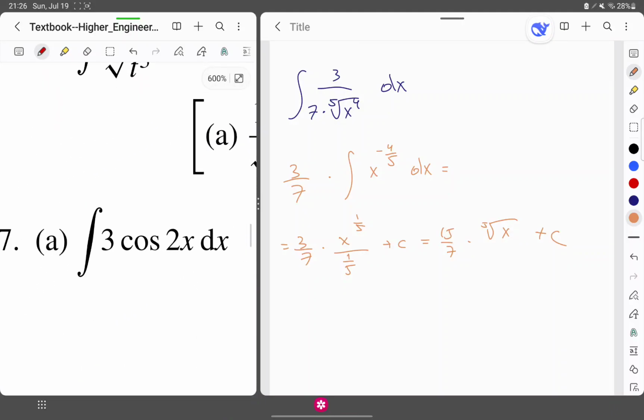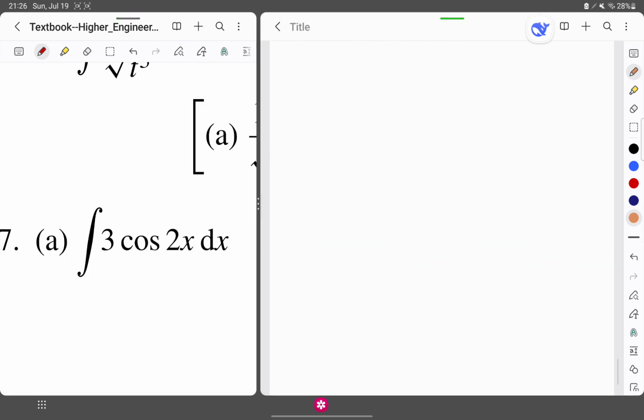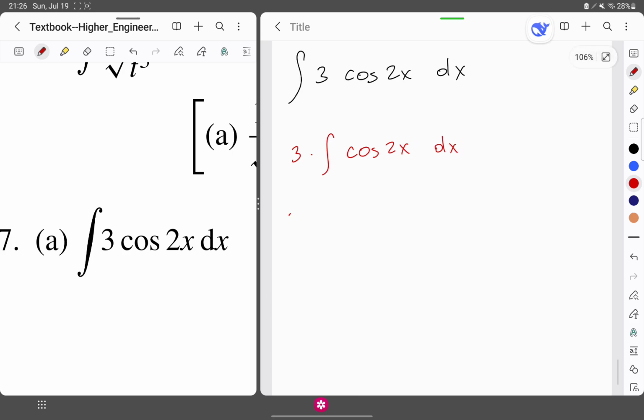What about sine and cosine? Okay, actually the most interesting ones are the sine and cosine ones, but I struggled a lot with them last time, but I really like them right now. 3 cosine 2x dx, 3 times cosine 2x dx, and it will be 3 times, no, the first one.